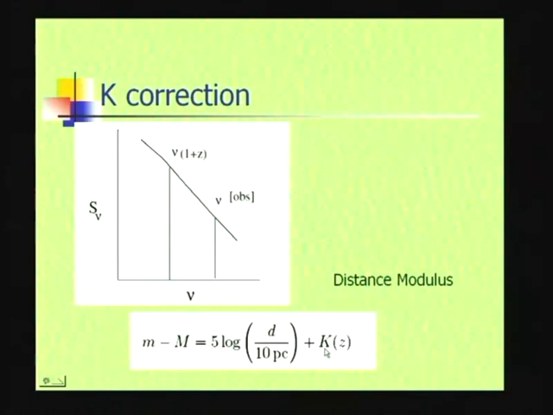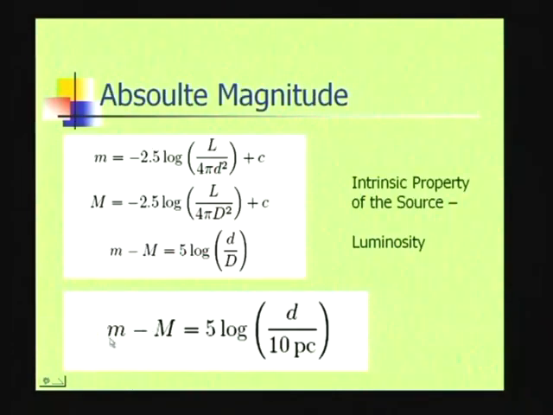Okay. So, the distance information is there in this quantity 5 log d by 10 parsec. Okay. So, in the absence of K correction, I would call this m apparent magnitude minus the absolute magnitude.